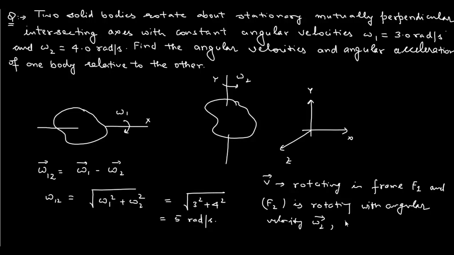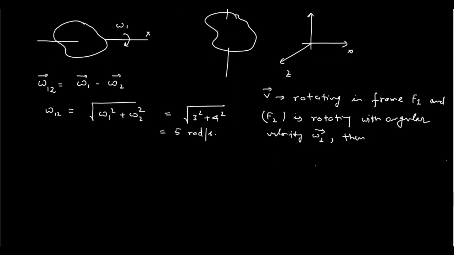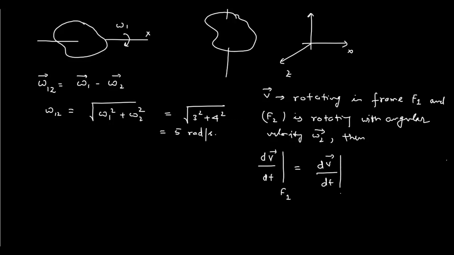Clear? Then we have a formula for the rotating frame situation: dv by dt associated with frame 1, the fixed frame, is equal to dv by dt with respect to frame 2 plus the angular velocity of the rotating frame crossed with the vector.